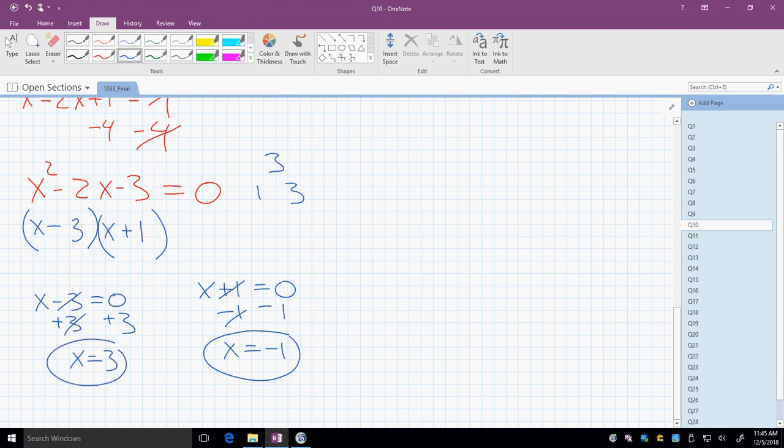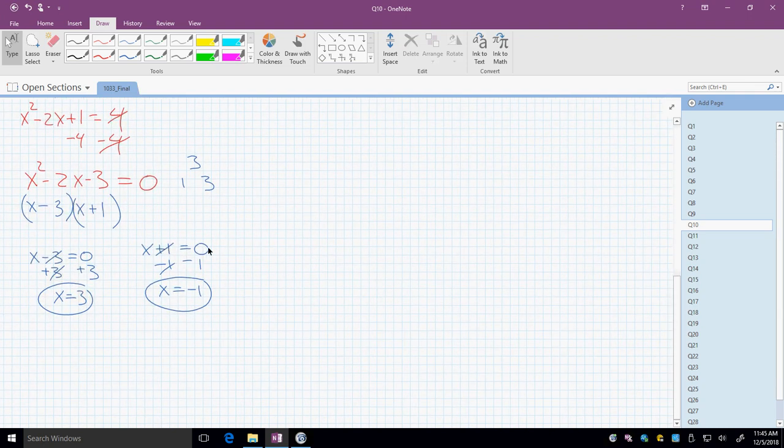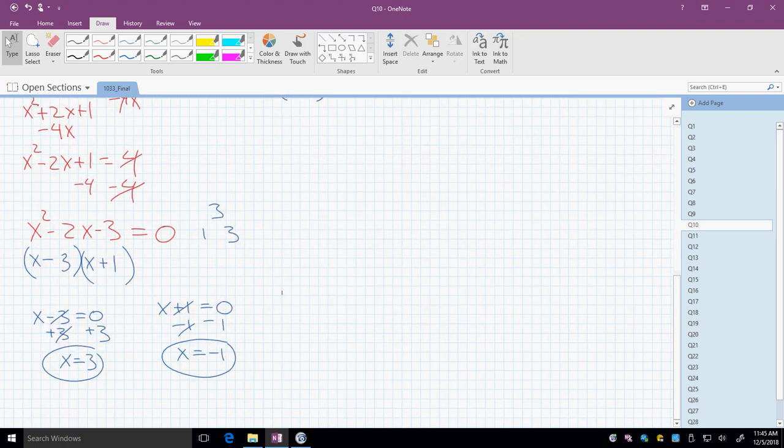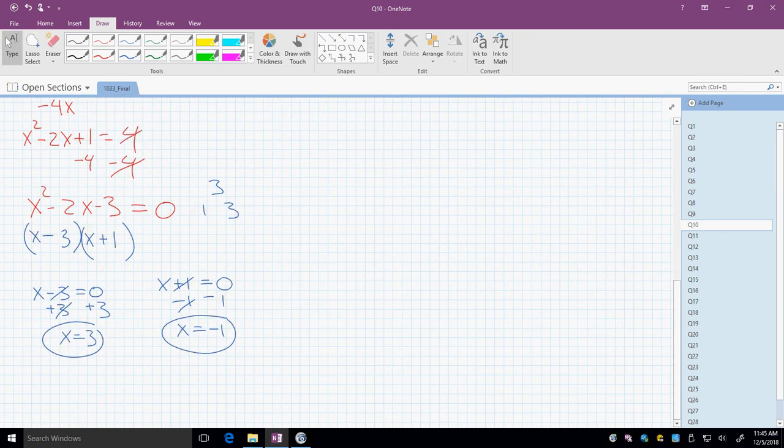And those are your 2 answers. I was trying to show more of it. This problem I think is the hardest and the longest one of the whole review.